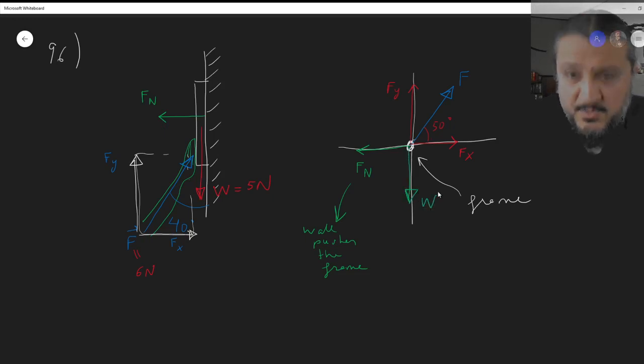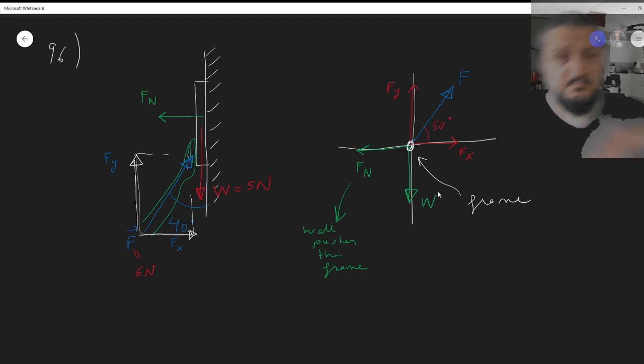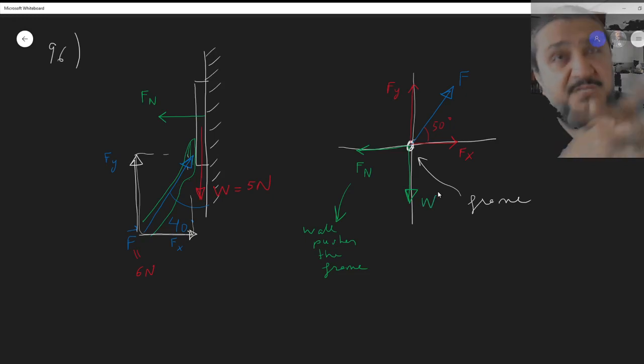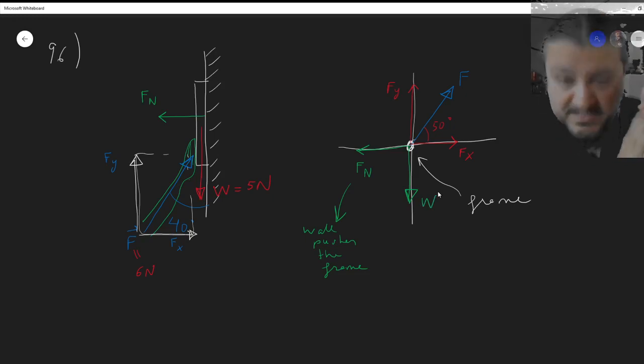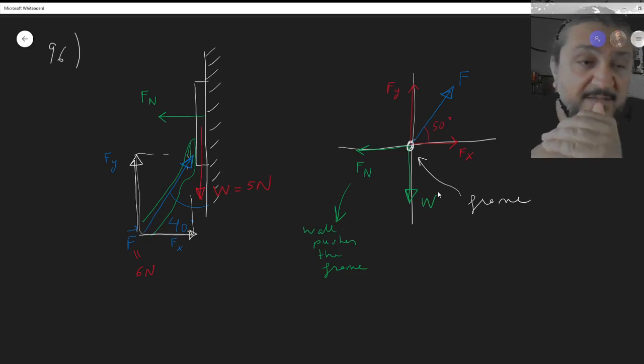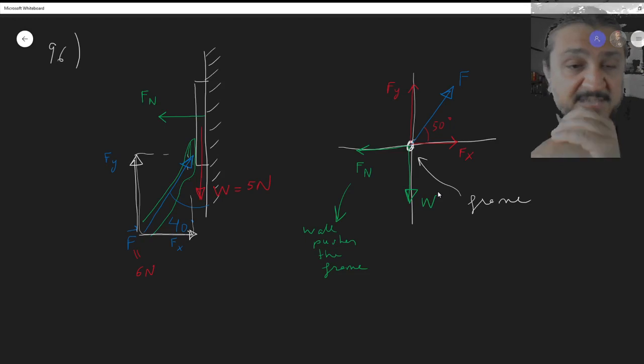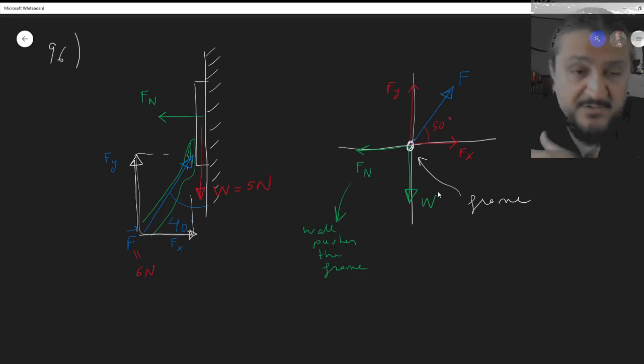But there's one more thing, and that is the friction. Friction may or may not be there. It depends on the force you exert and the value of Fy. In this case, you are given the numbers, so you can just find Fy and see how much it is.